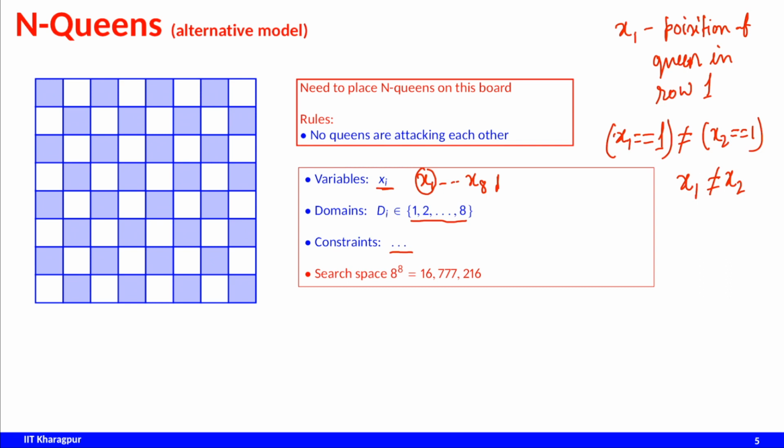The only thing now is that we have to specify that we do not put a queen here as well as another queen here, because if I have this situation, then it is an invalid configuration. Also, if I put one queen here, then I cannot put a queen in this place, and I cannot put a queen in this place similarly, and so on. So I have to write the constraint again in a similar manner.